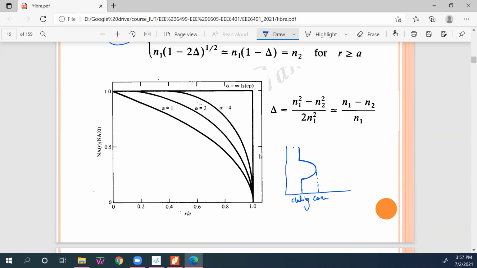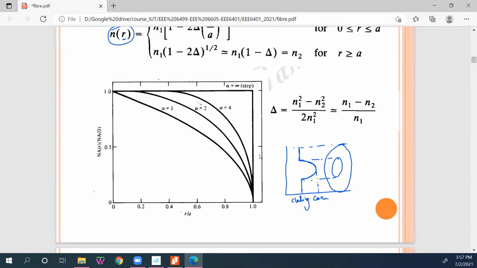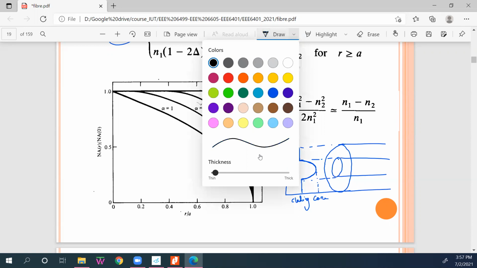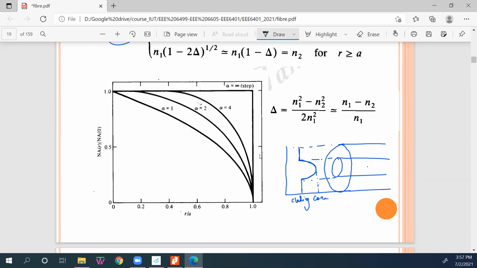Remember? If I draw it, this is the core and this part is the cladding. This is the index profile. Here, this is r, and this is the zero axis from the center.